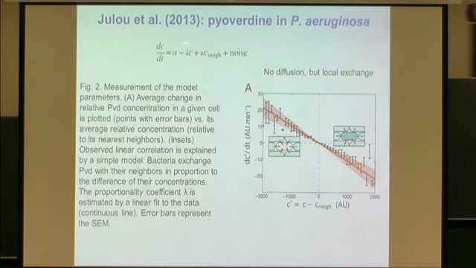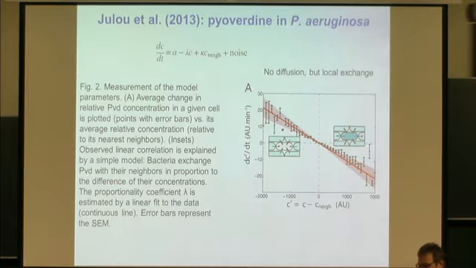So this isn't wrong. It basically shows that you can simplify the system. You can make sense of the data by assuming that the cells just swap the pyoverdin with each other, and there is no pyoverdin in the environment at all. That explains the results.